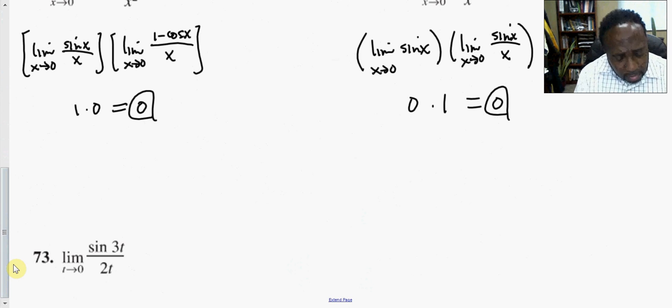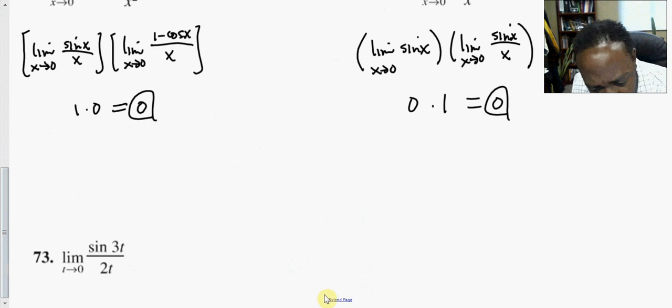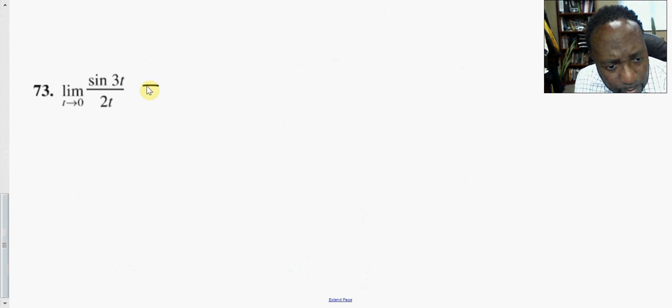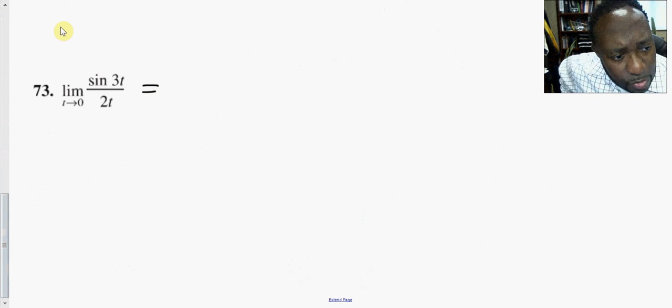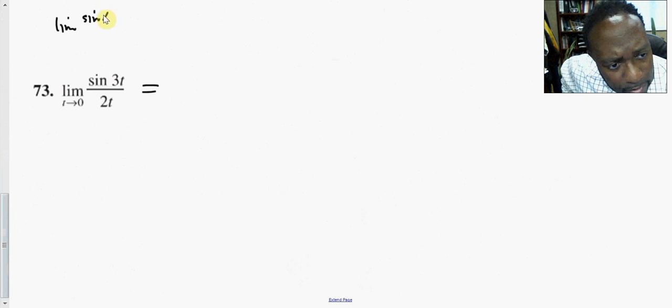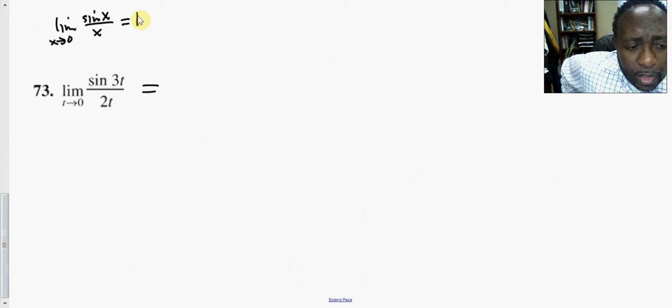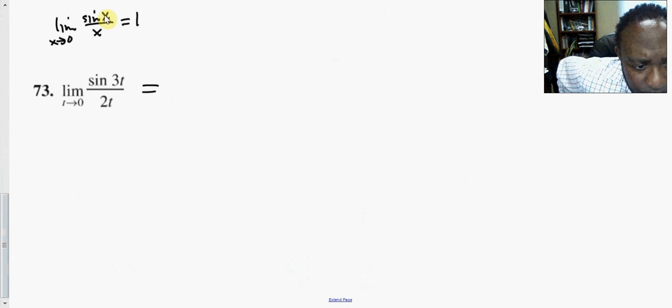What about this one? The limit of sine 3t over 2t as t approaches 0. Let's see. Well, the form says that you have to have the limit of sine x over x as x approaches 0 for this guy to come out equal to 1. So x is generic, so it could be 3t, right?